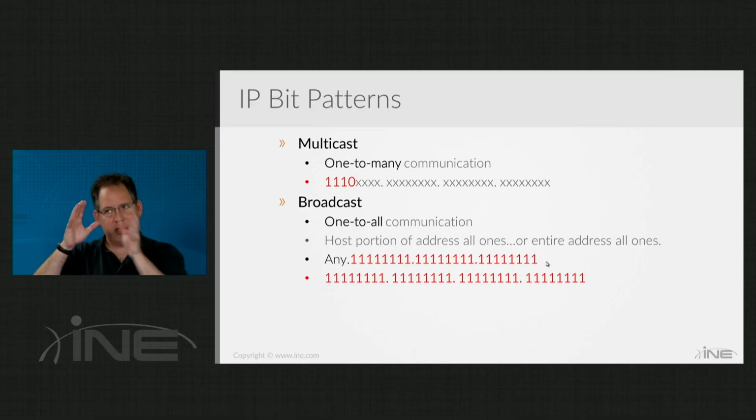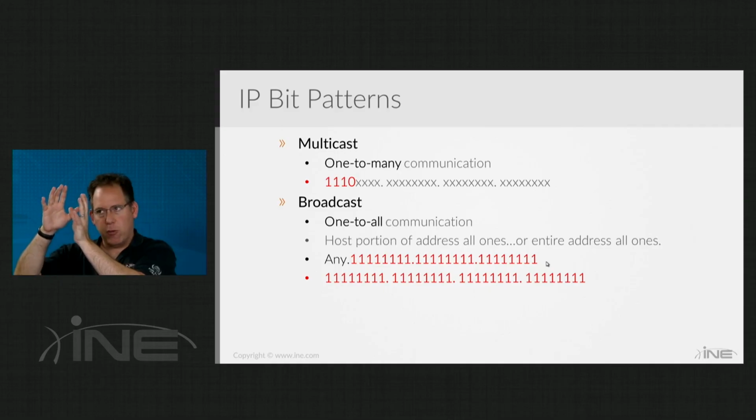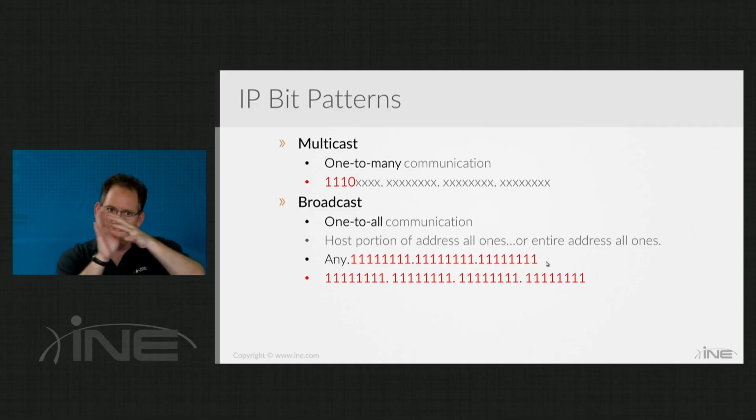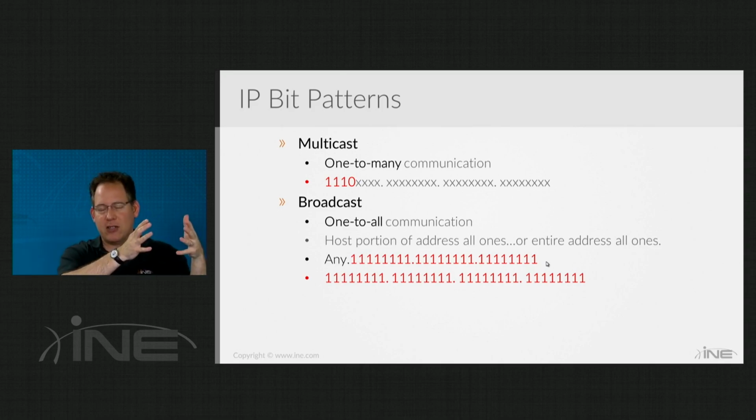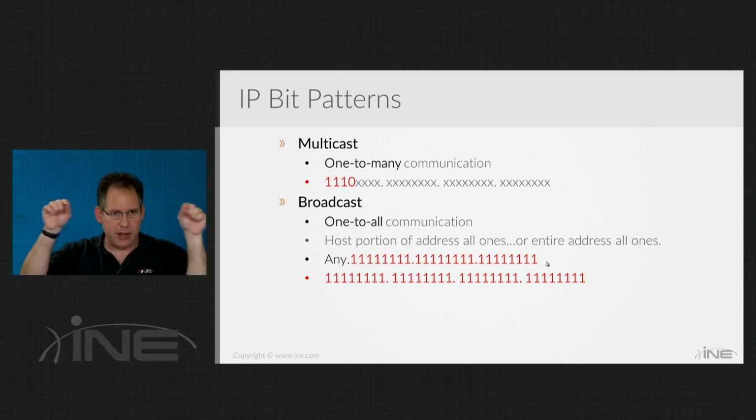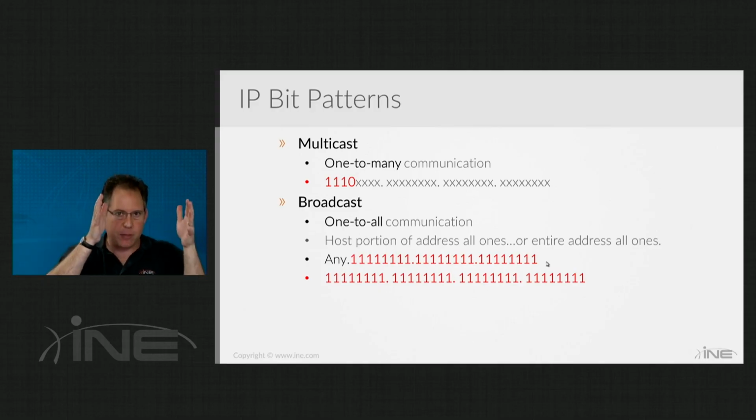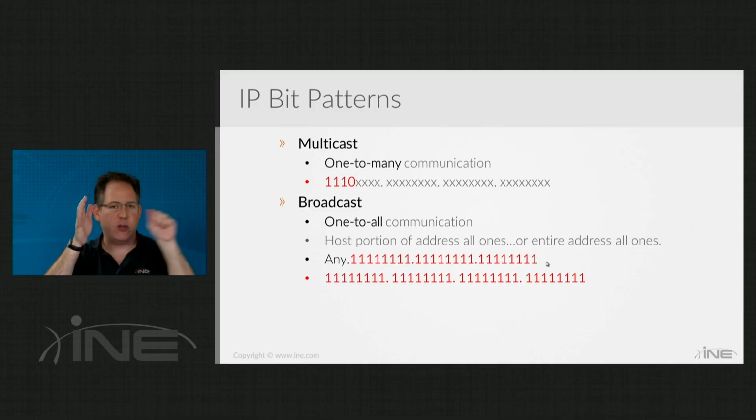So in an IP address, if we take our focus away from the network portion for a moment and move to the second half of the address, the host portion, if you ever see a 32-bit number that's an IP address in binary, and you see that the host bits are all 1s, just a continuous string of 1s, that means you're looking at a broadcast address.